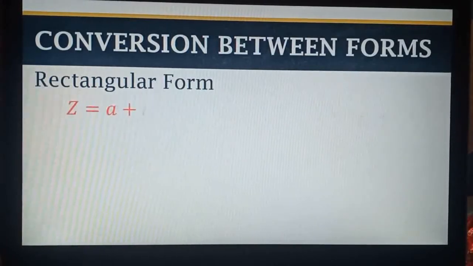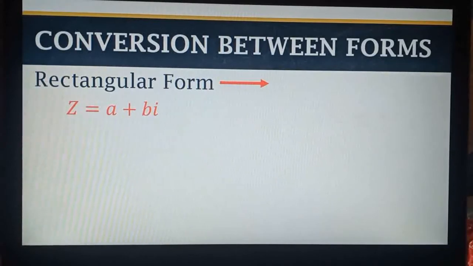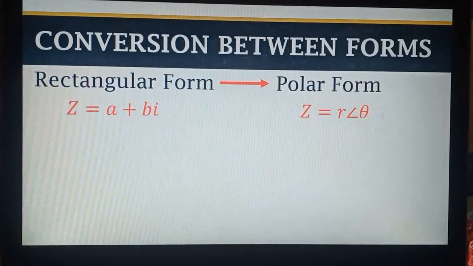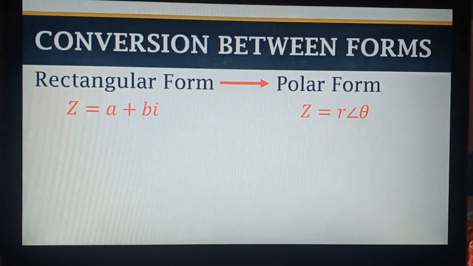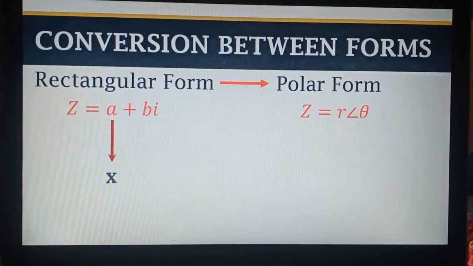So let's say you were given a rectangular form, which is z equals a plus bi, to be converted into polar form, which is z equals r at angle theta. So you know that a is your x and b is your y.